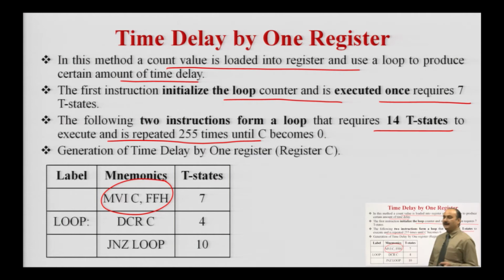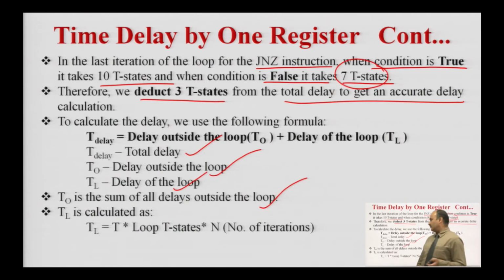This is the formula which can be used to calculate the delay with the help of one register: T delay is the delay outside the loop, T0, plus the delay of the loop, TL.